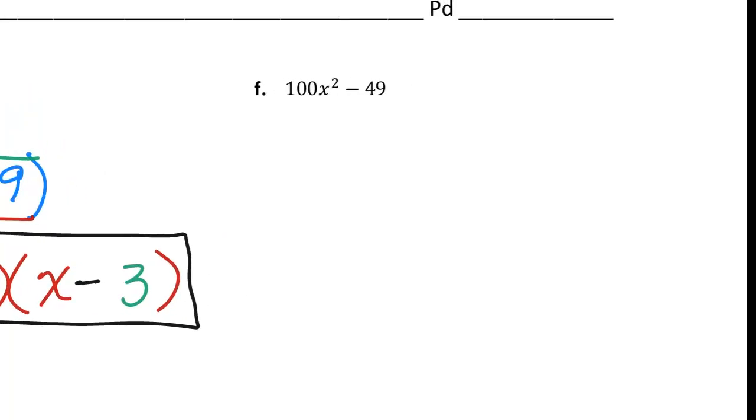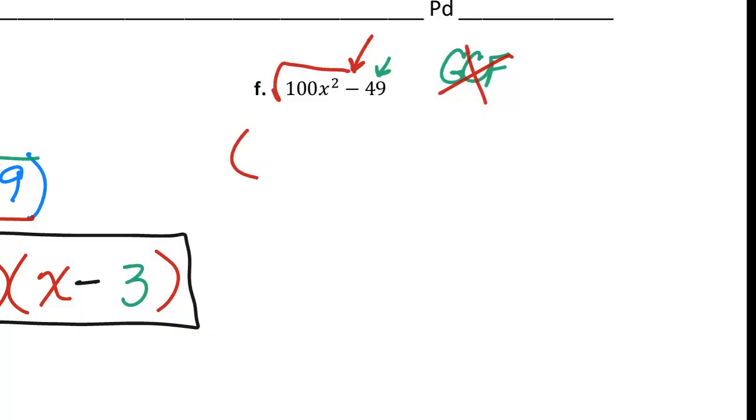All right, so I look for a greatest common factor. 49. Does 49 go into 100? No. 49 is 7 times 7. Okay, 7 doesn't go into 100, so I think that's it. So no GCF. I see a difference of what I hope is 2 perfect squares.